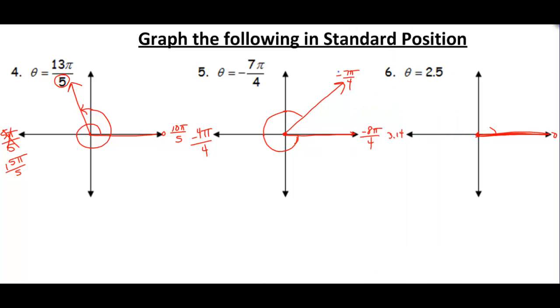So just write 1.57. So I know I need to go at least 1.57, but I need to get to 2.5. Okay, 2.5 is actually a little bit closer to 1.57 to 3.14. So, I'm sorry, actually a little bit closer to 3.14. So I'm going to go down here, draw my line, and my little arrow, and that would be 2.5 radians.